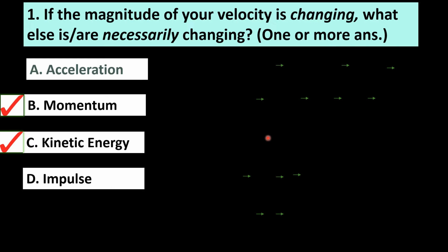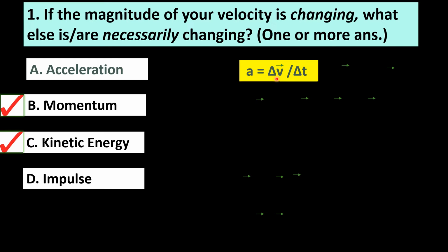But why is letter A not accepted? Or letter D, acceleration, impulse, are considered incorrect as far as the question is concerned? Here is our explanation. We know that acceleration is equal to delta V over delta T, where delta V is the change in velocity, usually expressed as final velocity minus initial velocity.